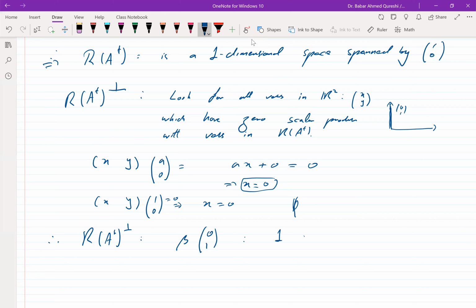So it's a one-dimensional space spanned by this vector 0, 1.